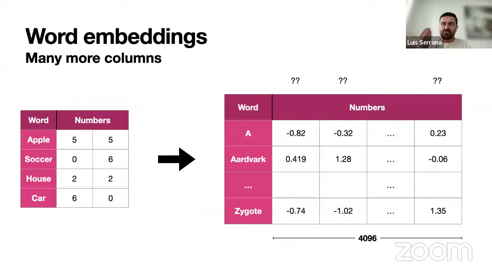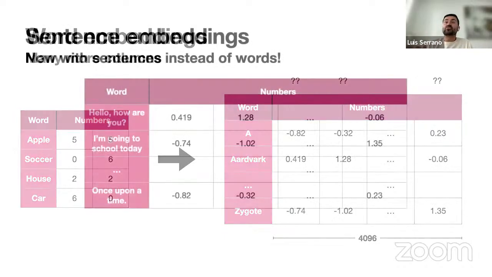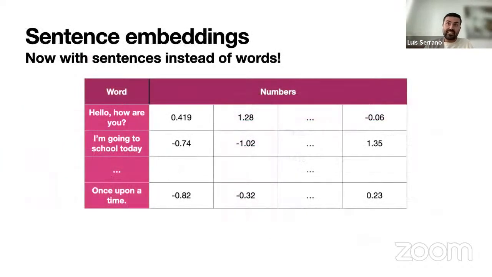So imagine a huge description of each word in a bunch of columns, and obviously similar words have similar descriptions, so they have similar numbers, right? Imagine doing the best possible job at assigning 4,096 numbers to each word. That's an embedding. And it doesn't just work with words, it also works with sentences, right?